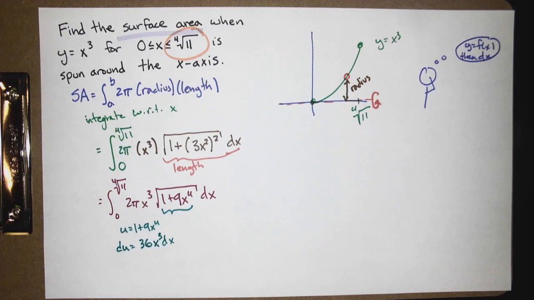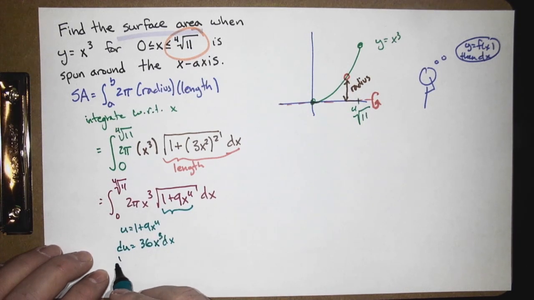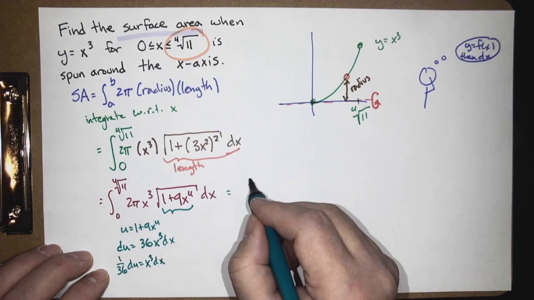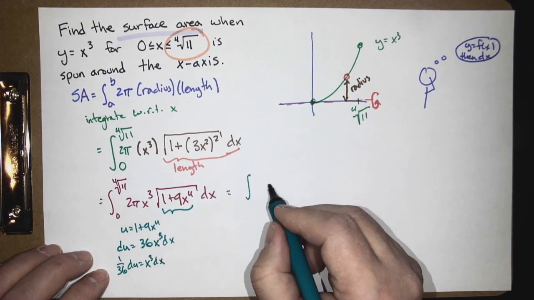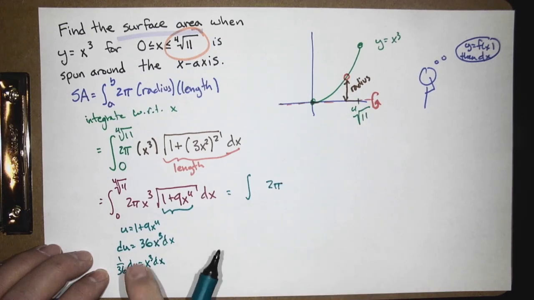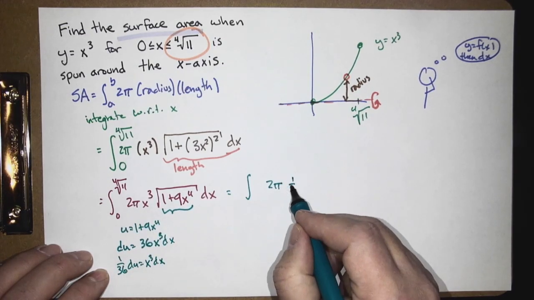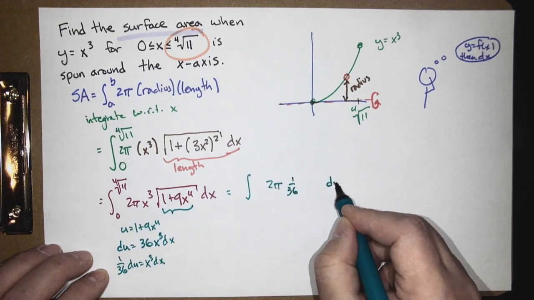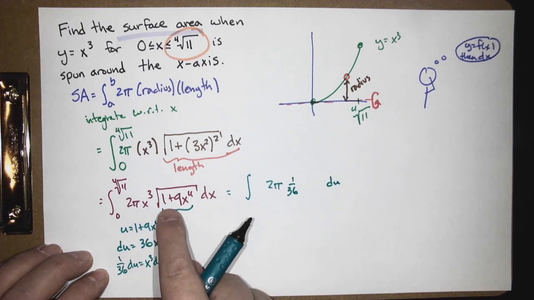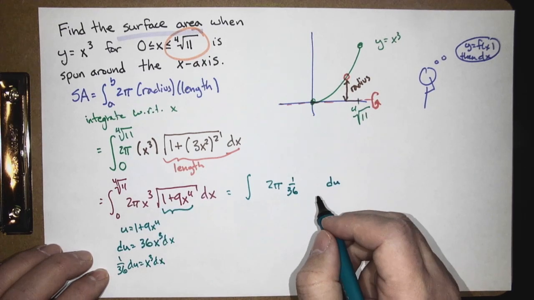No. We have the technology. So this becomes 1 over 36 du is x cubed dx. So we'll get integral of 2 pi. The x cubed dx will become a 1 over 36 du. And the square root of 1 plus 9x to the 4th becomes what?